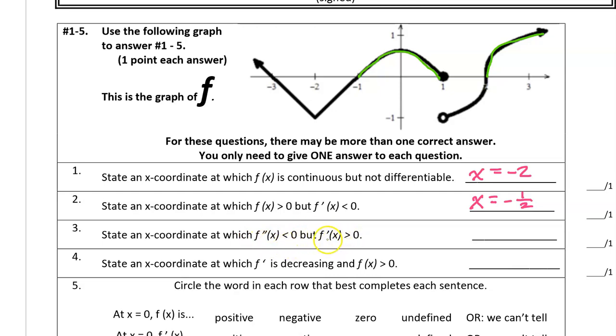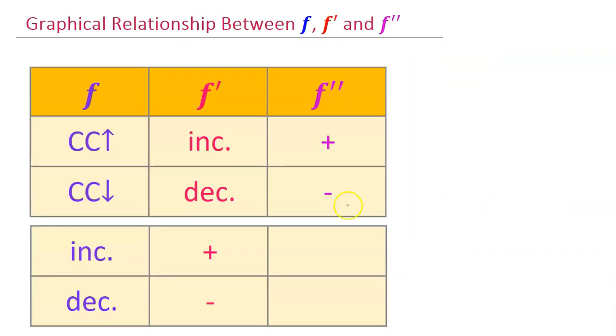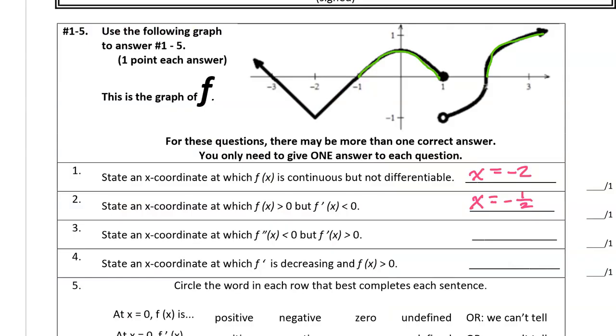Now we also want f prime to be positive. Well, let's see. If f prime is to be positive, then f must be increasing. So, what part of the area that we already highlighted is also increasing? So it seems to be increasing from here to here. And really all of this is increasing.